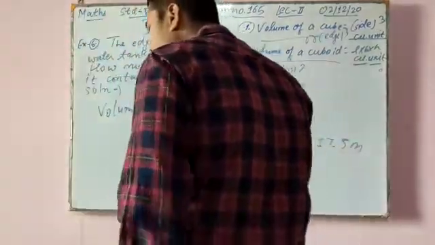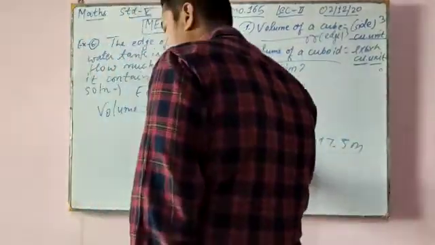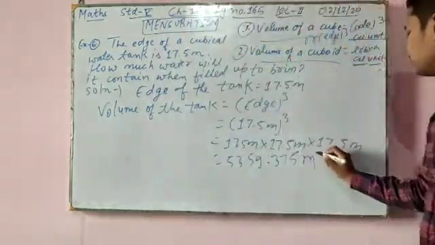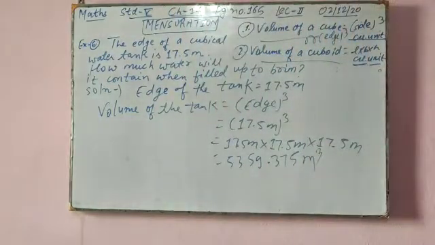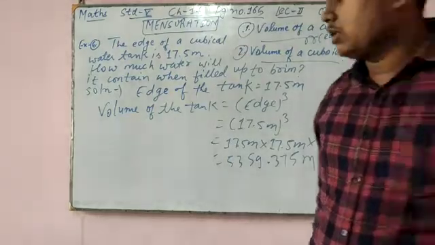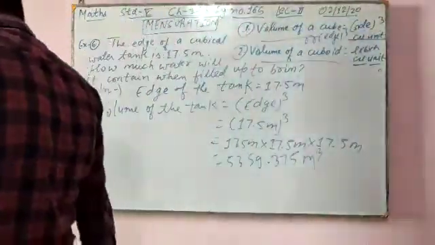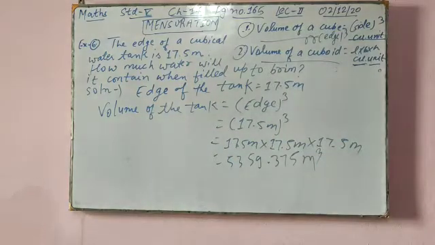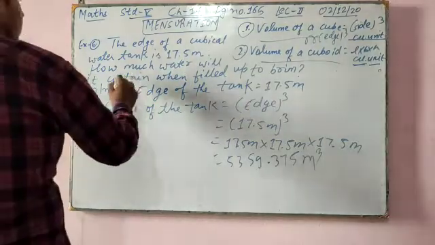Now when you will multiply, you will get 5359.375 meter cube. Now the question is that you have to find the volume of water.